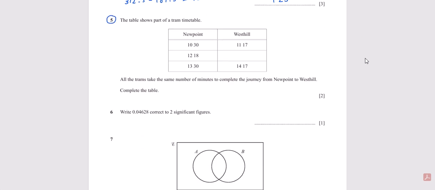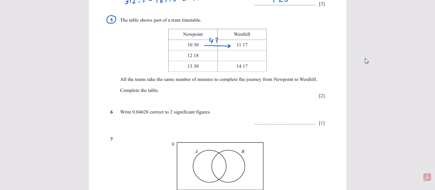Question number 5. The table shows a part of a tram timetable. New Point and West Hill. New Point is the time 10 hour and 30 minute, 11 hour and 17 minute. The duration is 14 minutes.